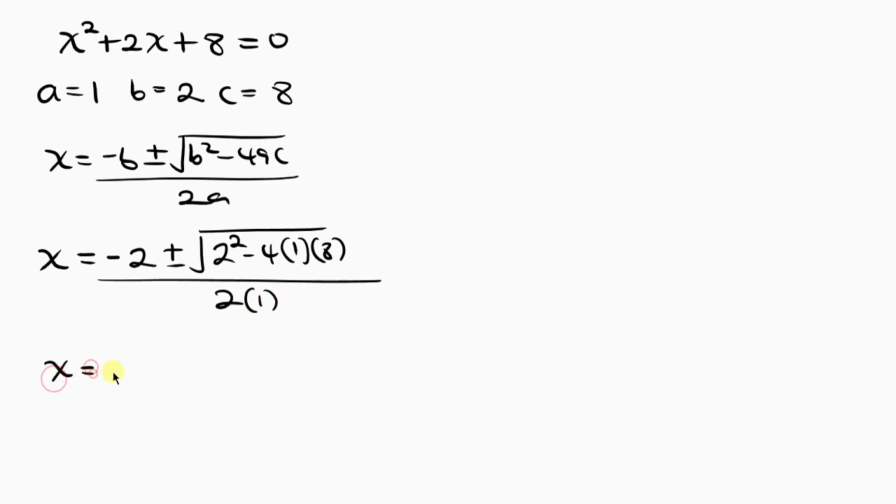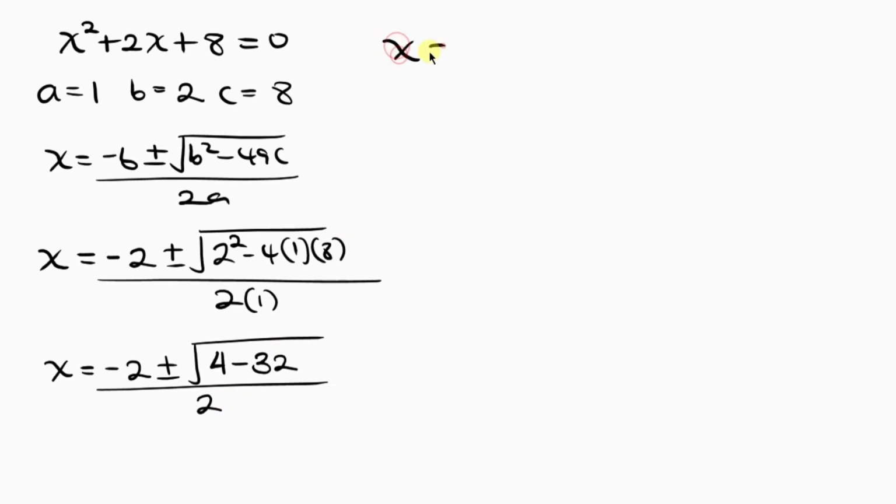So x will be equal to negative 2 plus or minus the square root of, now 2 squared is 4, minus 4 times 1 times 8, I'm going to be having 32, all over 2 times 1, which is 2. So on simplifying further, you notice that the value for x will be equal to negative 2 plus or minus the square root of, now 4 minus 32, I'm going to be having negative 28 all over 2.